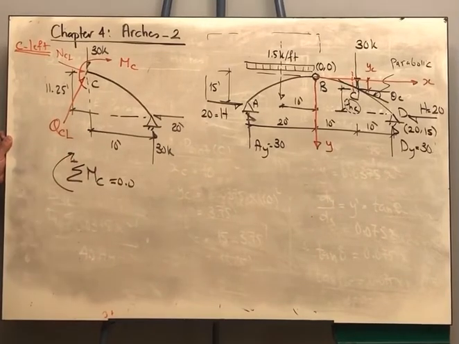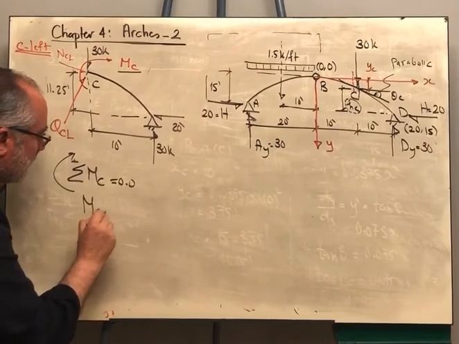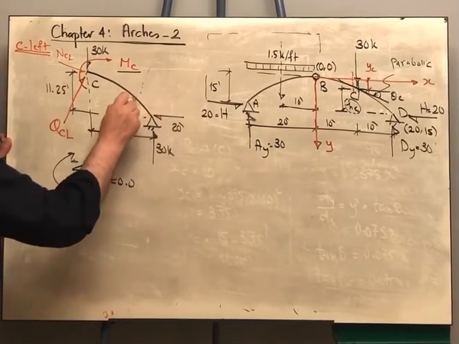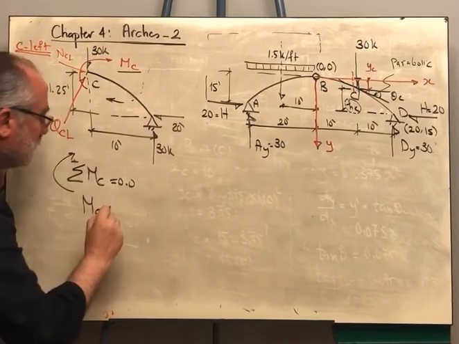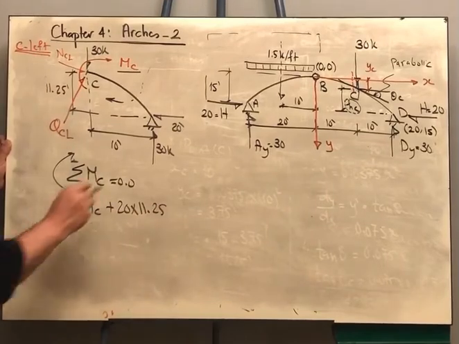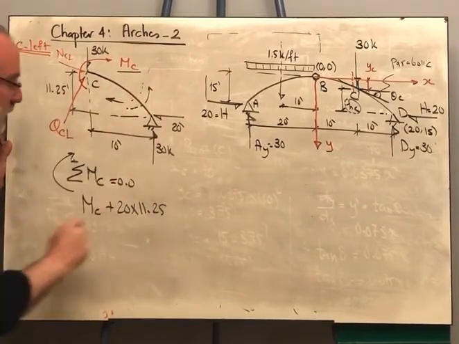Let me take this the positive direction. I will include first the internal moment that I want to get, MC. And then the 20 is rotating in the same direction. This is plus 20 multiplied by 11.25. And the 30 is rotating opposite to the positive direction.